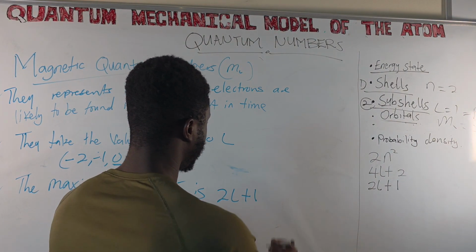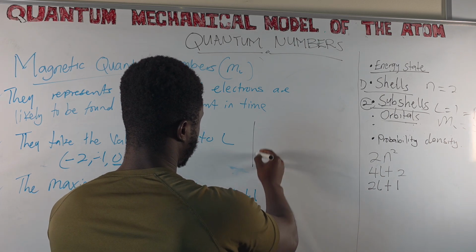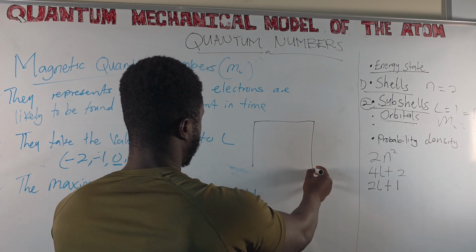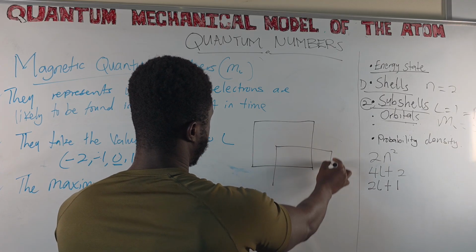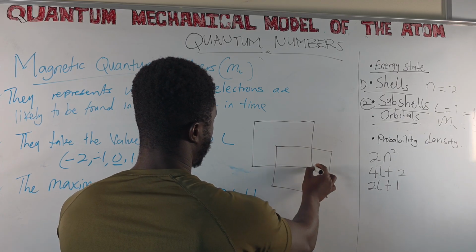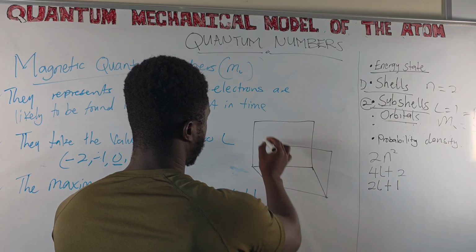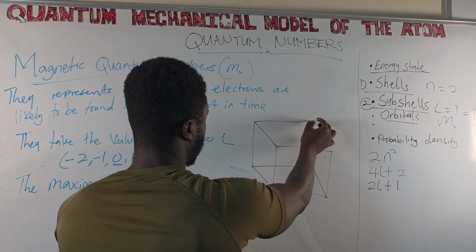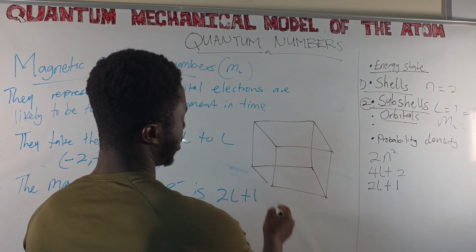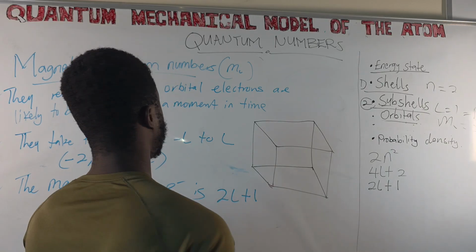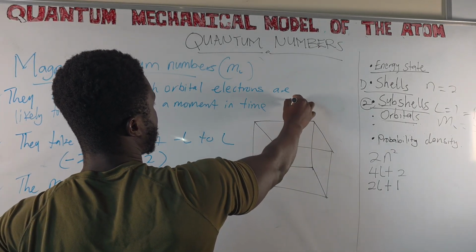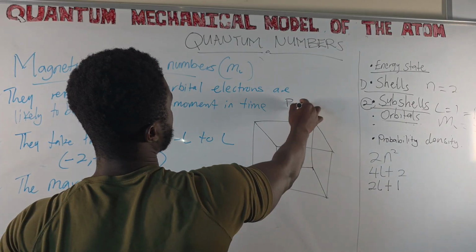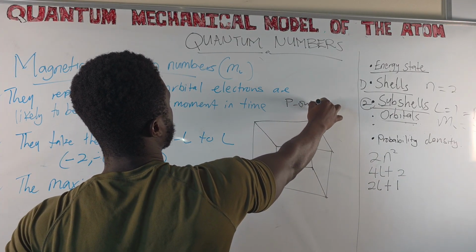But let's say I have this 3D box right here. This 3D box is an orbital. Let's say it is the P subshell.